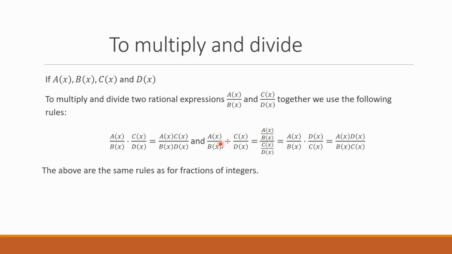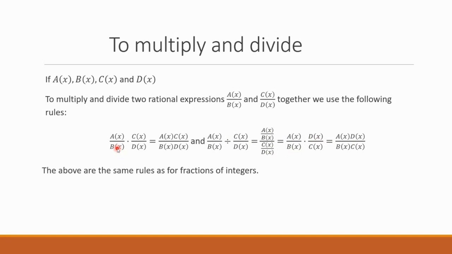You have a of x over b of x divided by c of x over d of x. And to carry out that division, you take the reciprocal of the second. You flip it and multiply. We get this. So both of these are saying you're dividing. You take the second fraction, you take its reciprocal, so you flip it, so to say, and then multiply.